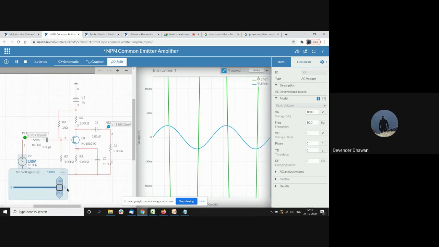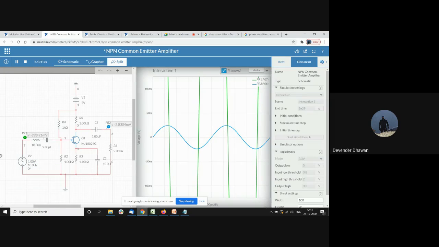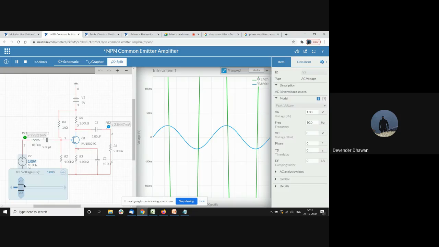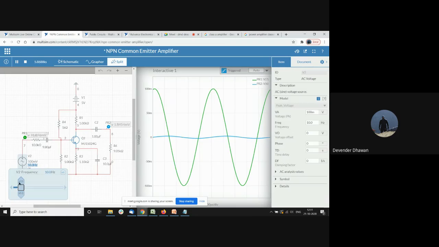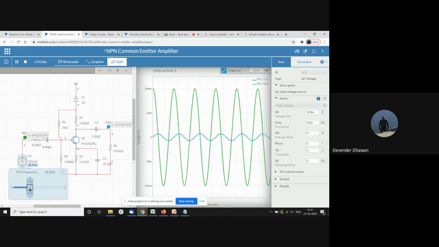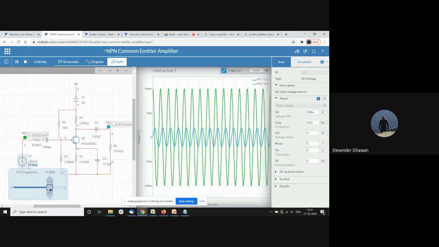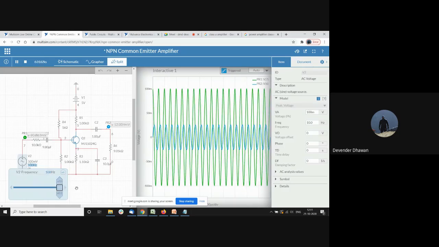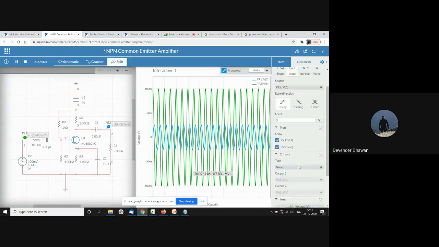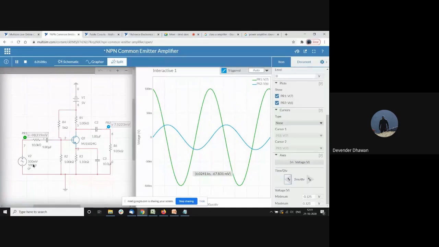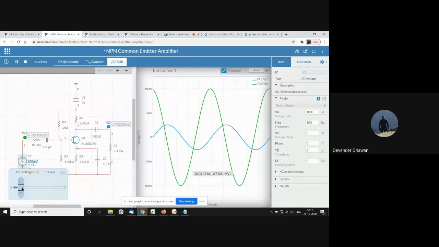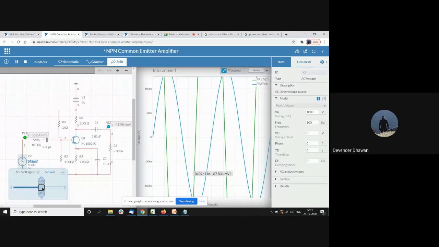See, this is increasing. Oh, sorry, I increased the voltage. So if I start increasing, you can see that my blue signal is increasing. So time to division. Okay, and after 500, it will cross my original signal.